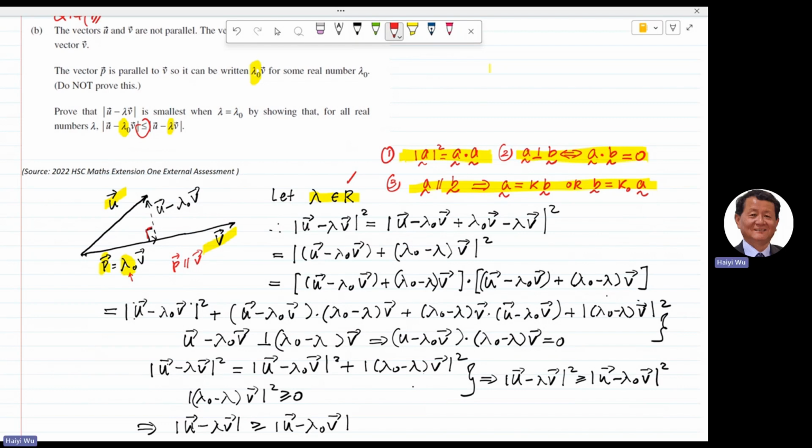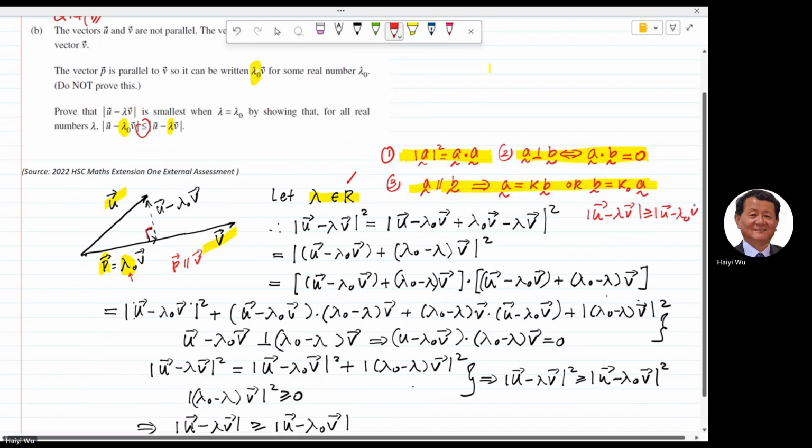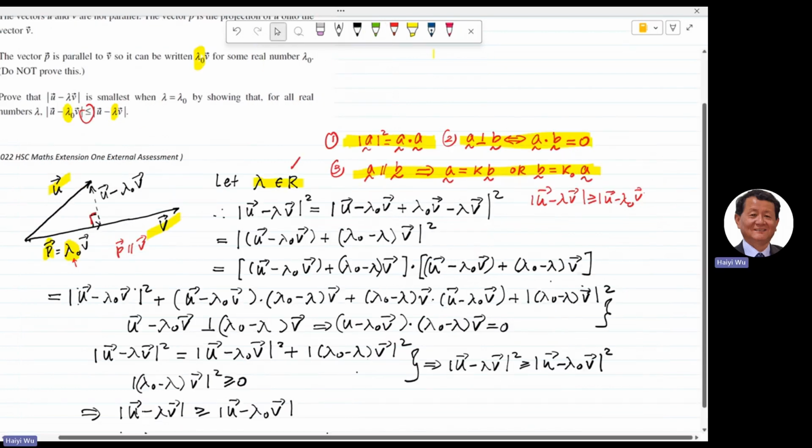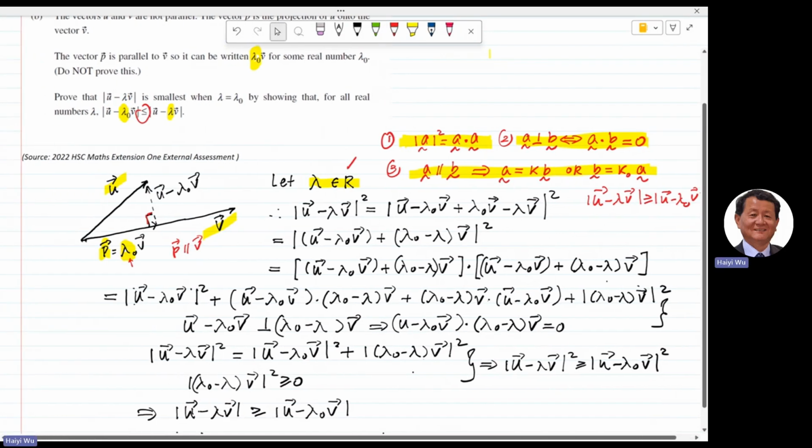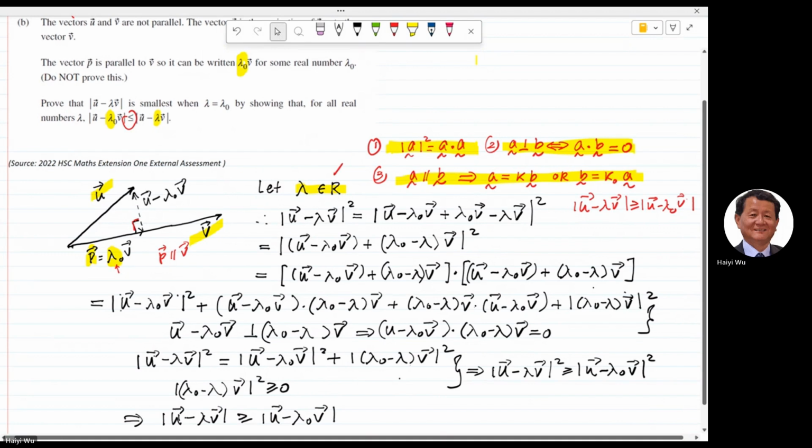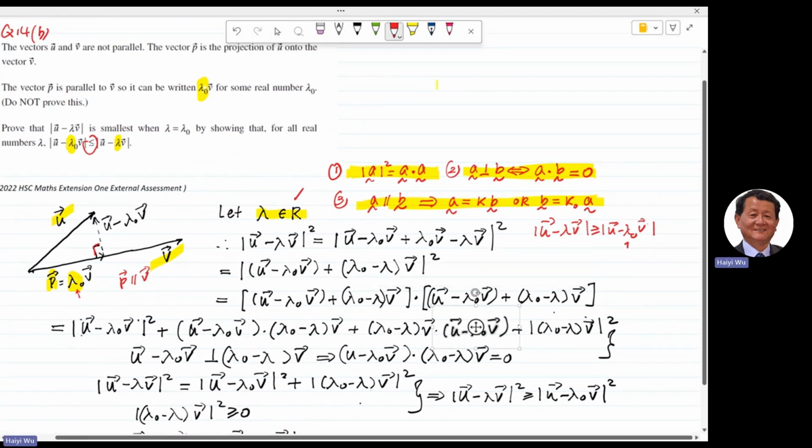What we're going to prove is we are aiming for the magnitude of vector u minus lambda v always greater than the magnitude of vector u minus lambda 0 v, which is the p vector. So always that's the case. So that means that's the smallest length.